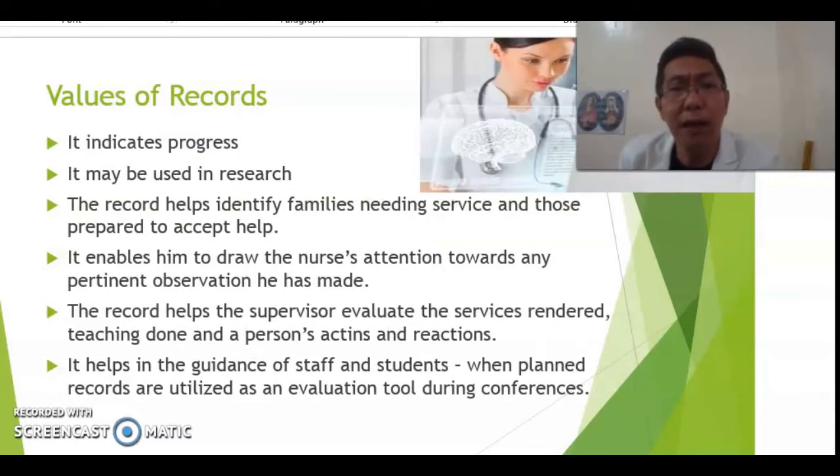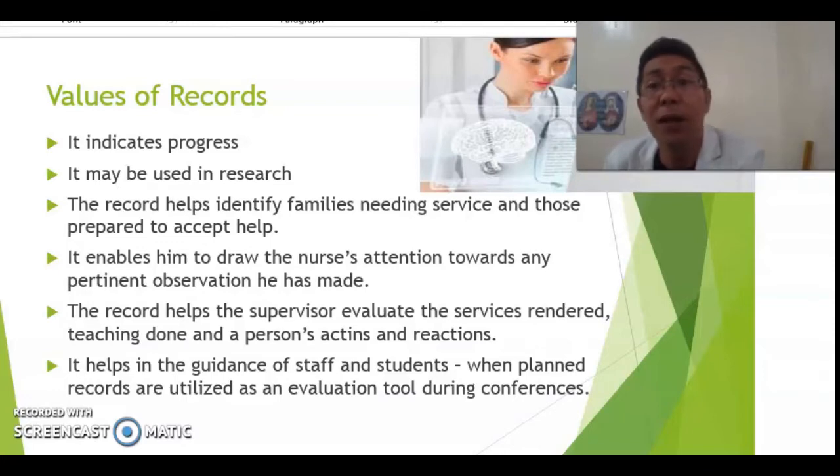Of course it indicates progress, because you can see from the records if the patient has already achieved something based on your plans and objectives, if they have reached the goals that you have set for them. So the records will always show us data or information that can be used in research.